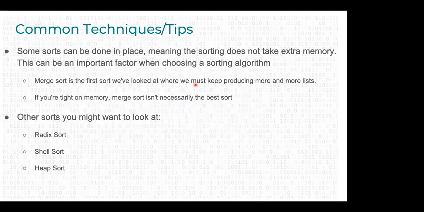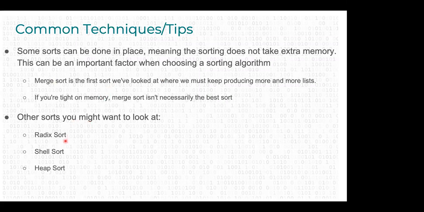One of the things that we should keep in mind while choosing a sorting algorithm is the trade-off between space and time. So merge sort, you keep producing smaller lists, so it's definitely going to take a lot of space, and you don't want to use it if you're tight on memory.